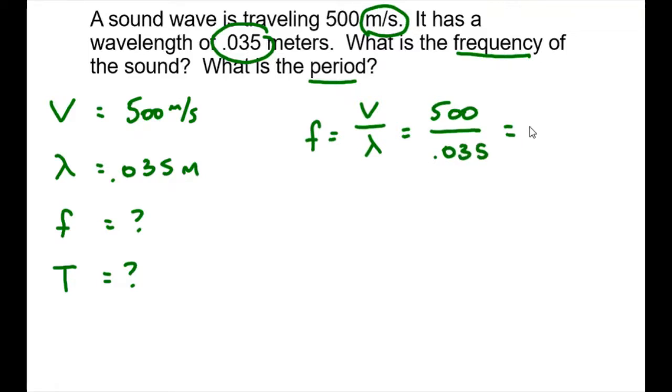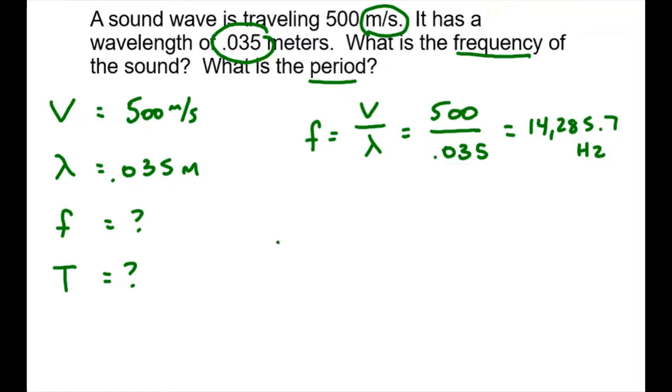All right, and so that gives me a frequency of, I put my calculator away, 500 divided by 0.035, 14,285.7, and that is in hertz. That would be a really high-pitched noise. All right, so that's the first part.